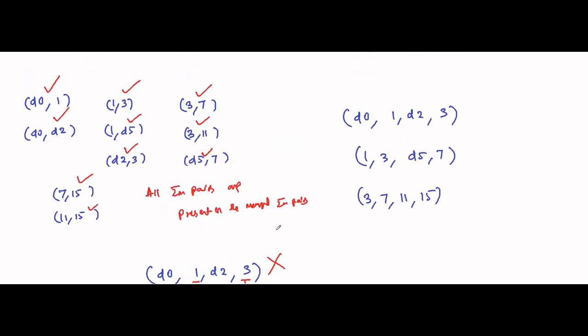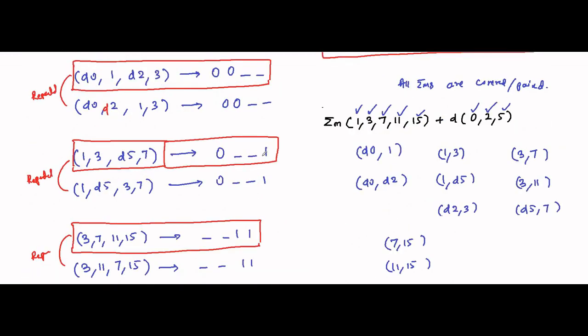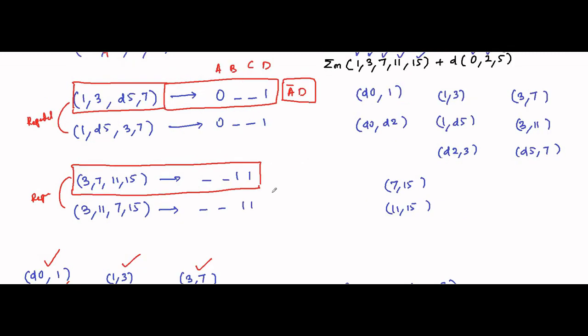So here 1, 3, D5, 7, if we express it in terms of ABCD, it is A bar D. Don't make this mistake, it is SOP not POS. A bar D it is, 0 for complemented variables, 1 for normal variables, and here this one is CD.